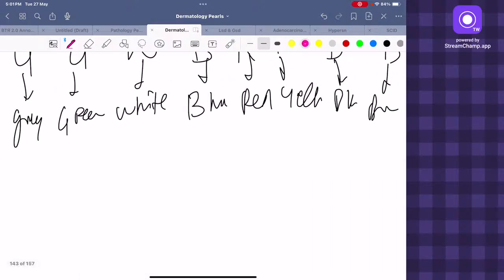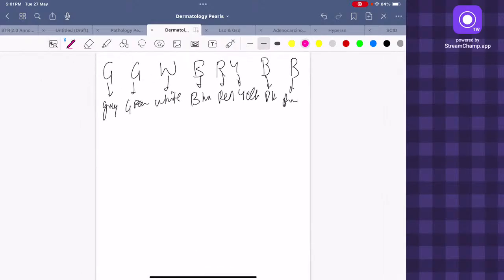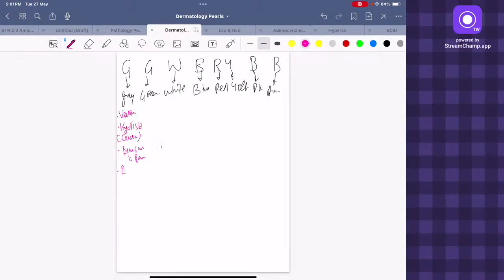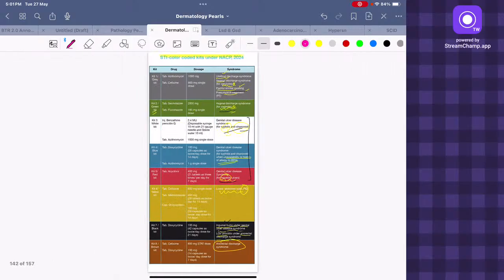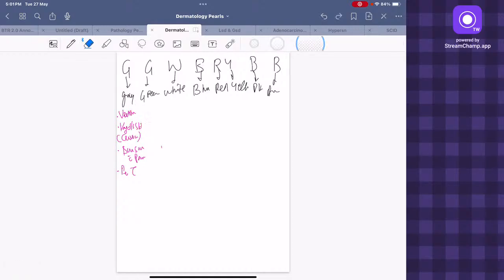Gray kit is for urethritis, vaginal discharge syndrome but of cervicitis. Then we have scrotal swelling with pain, and then we have presumptive treatment, right? Then green is for vaginal discharge syndrome but of vaginitis.